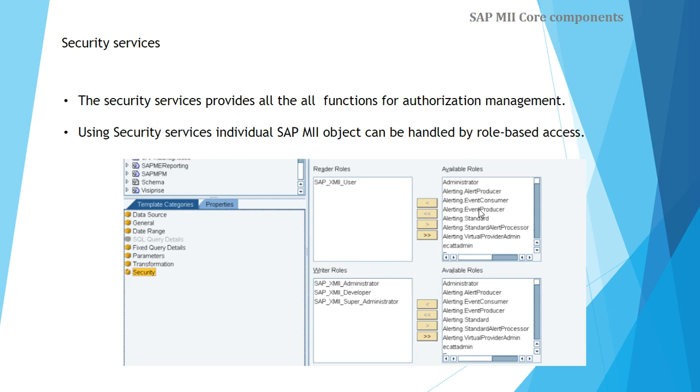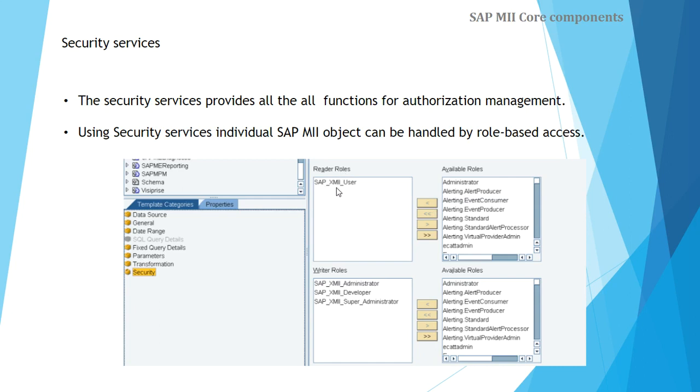The available roles are all the roles created in NetWeaver user management, and all these roles come from NetWeaver. Here you can see a reader role and a writer role. Whatever role you want to assign, you just select it from the right-hand side and click on the arrow button. It will come to the left-hand side, and then you can save it.